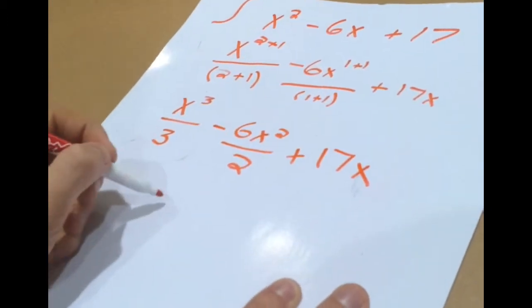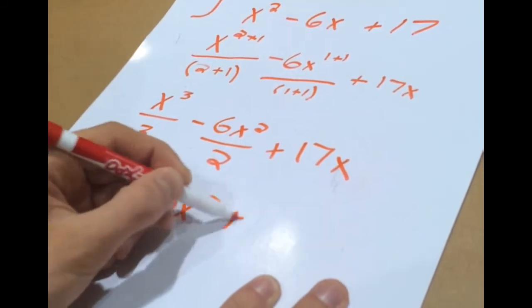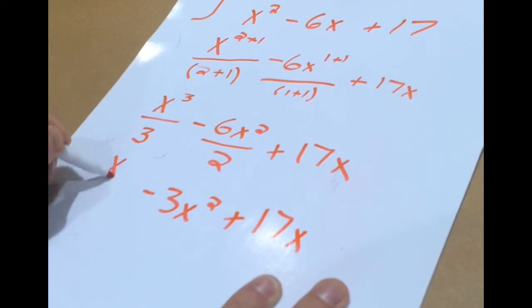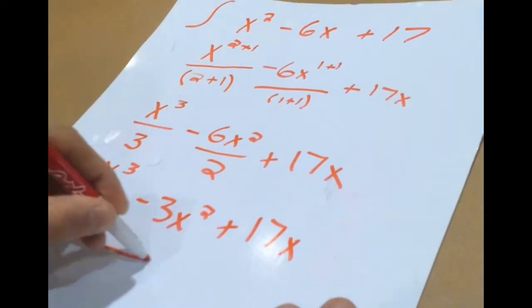So the simplified answer for this antiderivative is x to the third over 3 minus 3x squared plus 17x, and then don't forget the c on the end.